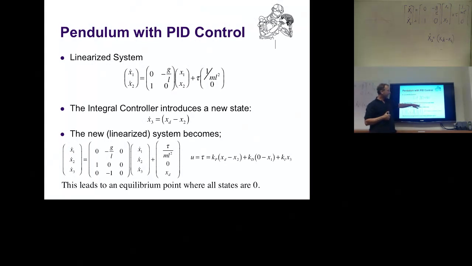The change of a state variable x3 depends on the difference, that means the error in position, x desired minus x2. As long as there is an error, x dot 3 has a non-zero value and x3 will grow. If this becomes 0, then x3 will not change anymore.